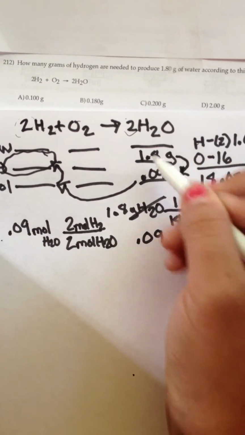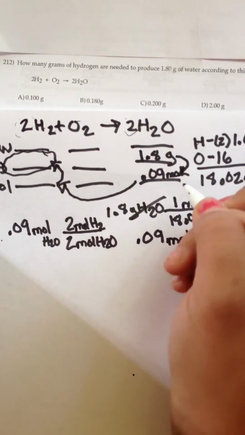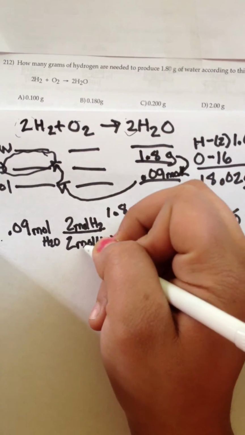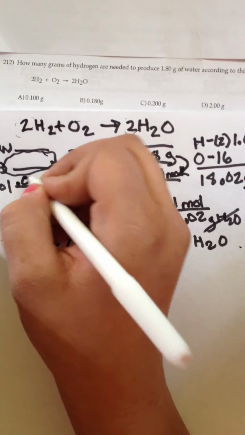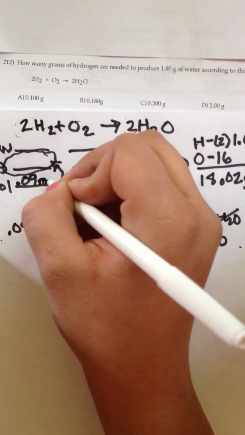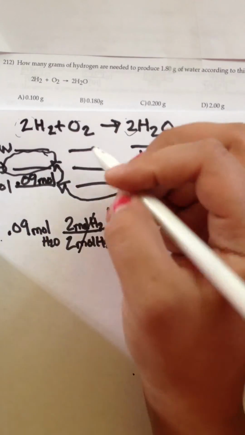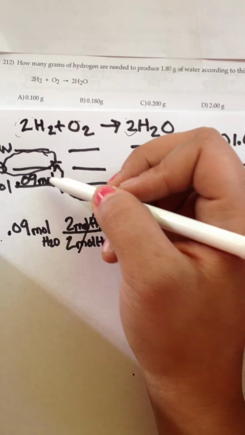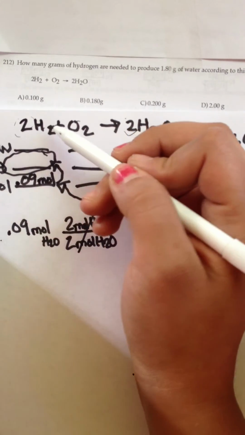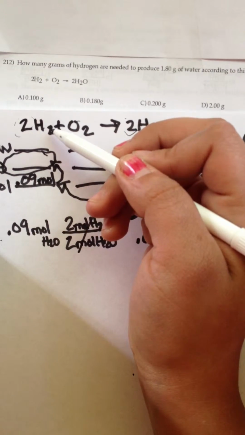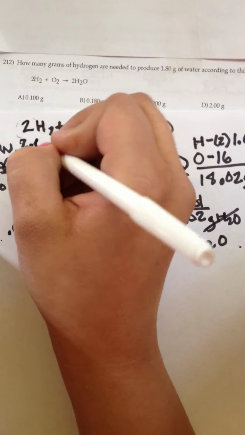This is just to show where I was able to get these numbers. So since this is 1, this is also going to be 0.09 moles, but now of H2. So now we have to go from moles to grams. In order to do that, we have to get the molecular weight of H2, which would be 2.02.